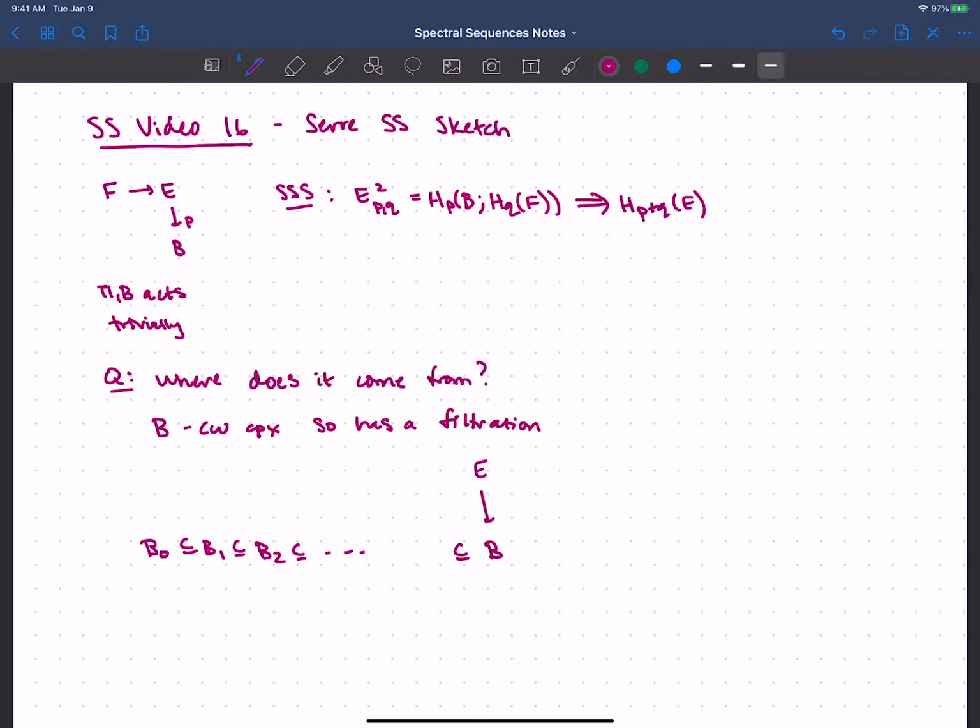And here I really want to think of this as being filtered by the CW skeleton. So B1 is the one skeleton. And all I'm going to do is lift that to a filtration of E. So I can take the preimage under this map P of that 0th filtered piece. It's going to sit inside the 1st filtered piece, and so on. And so this is going to lift to a filtration of E.